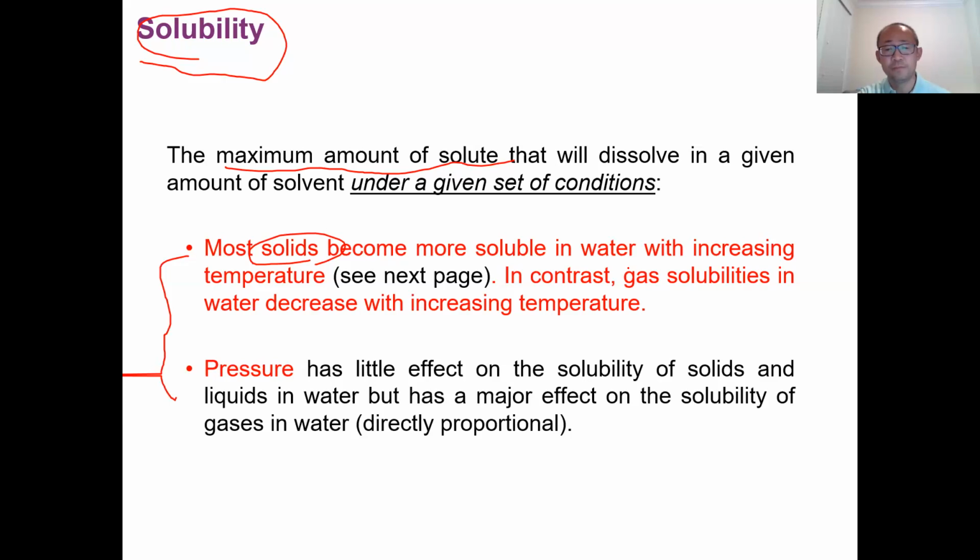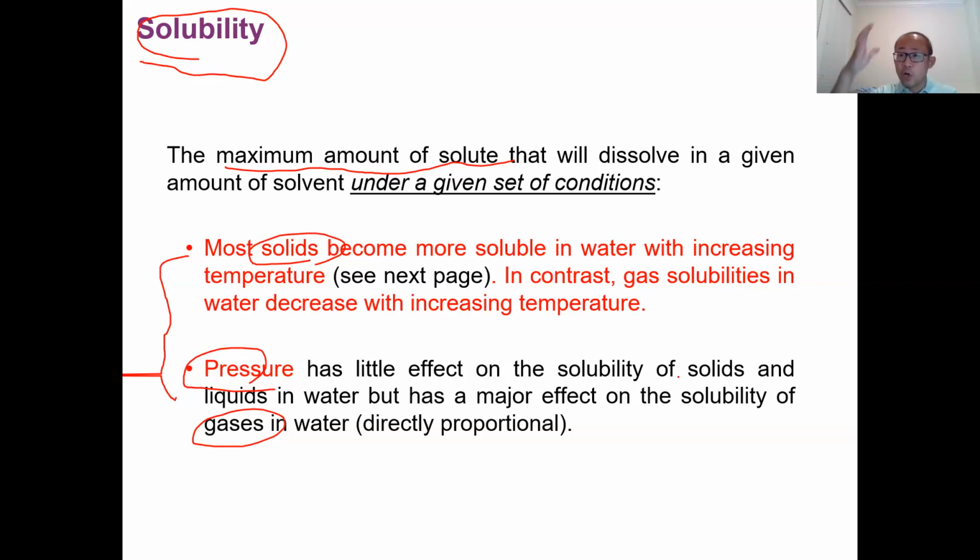Another trend is pressure. Pressure doesn't have much effect on the solubility of solids and liquids, but it has a major effect on the solubility of gases. Pressure normally doesn't affect solids or liquids in water, but it affects gases.